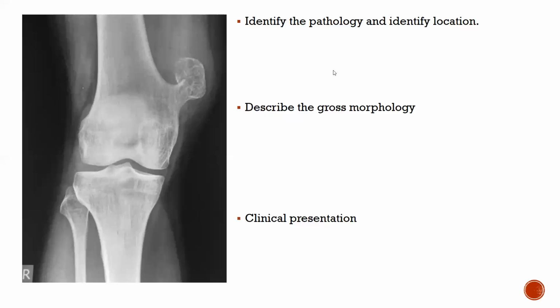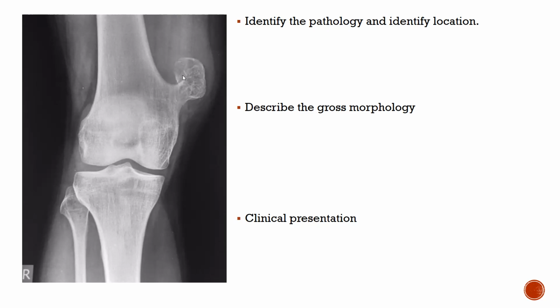Okay. It's not a mushroom appearance. Actually, it's a cartilage-capped bony projection. This is something they call osteochondroma, and it's the only thing that looks like this in orthopedics.